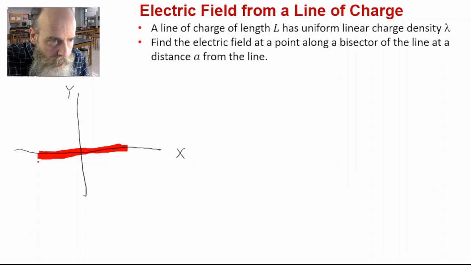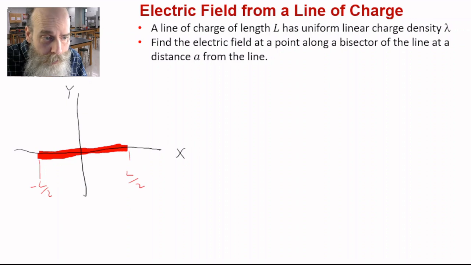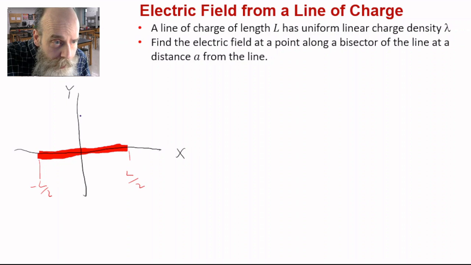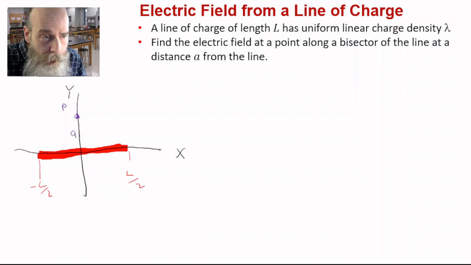And we will put one end at negative L over 2 and the other end at L over 2. So the y-axis is along the bisector of the line. We want to find the electric field at point P on the y-axis, and it is a distance a from the line of charge.